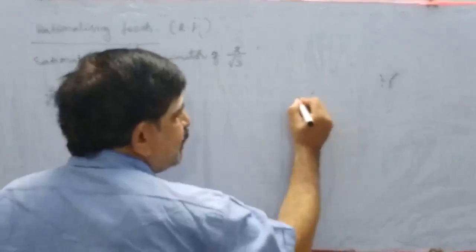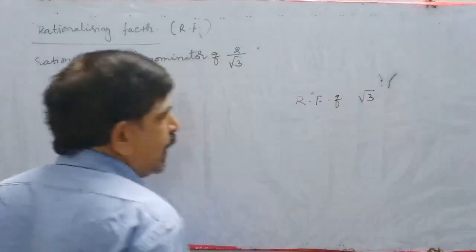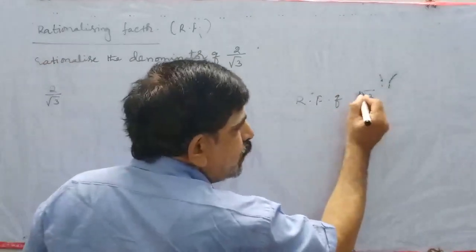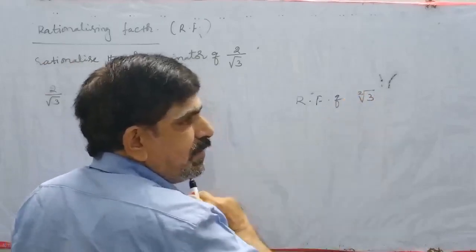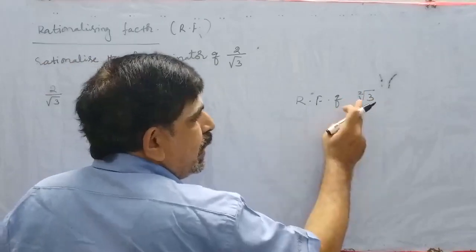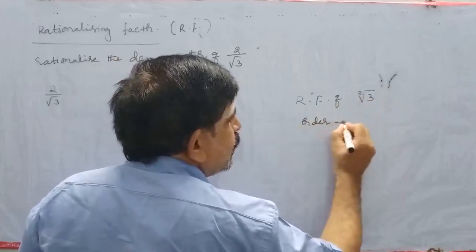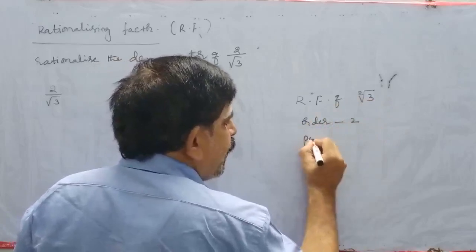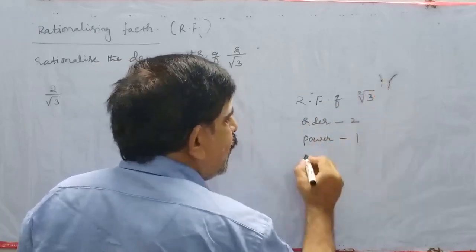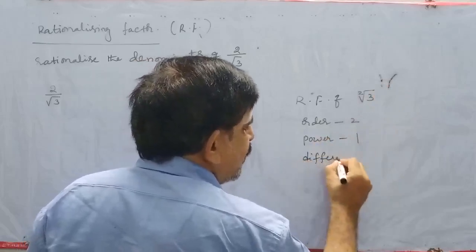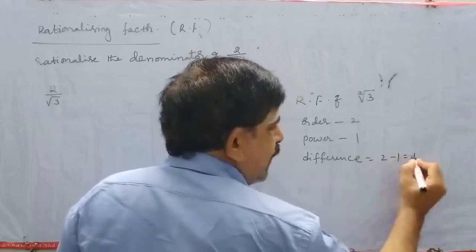Now find the rationalizing factor, RF, of root 3. What is the order of this? Square root of 3, or root 3, the order is 2. Power 1. That means the radicand power is 1. Now find the difference: 2 minus 1 is equal to 1.